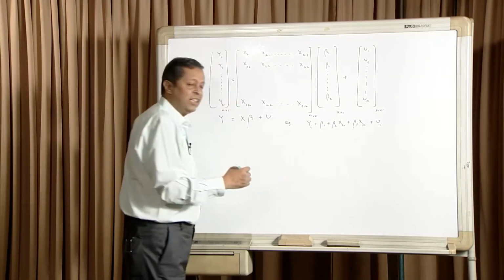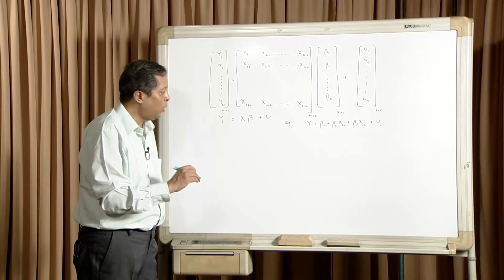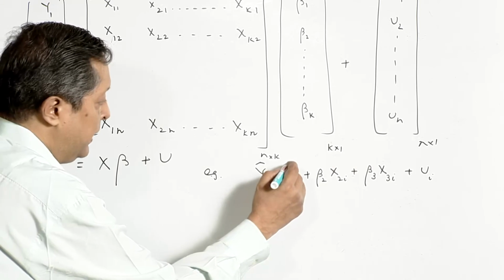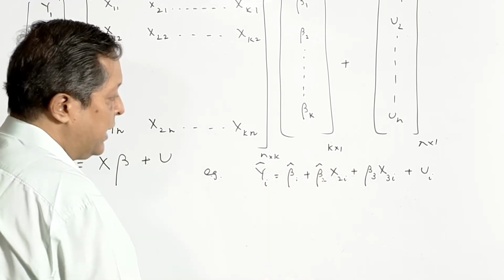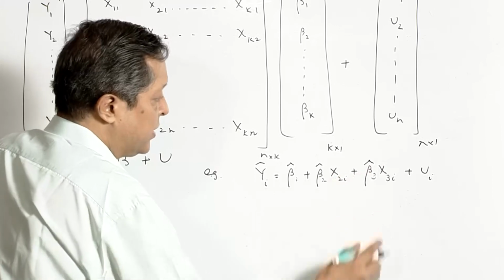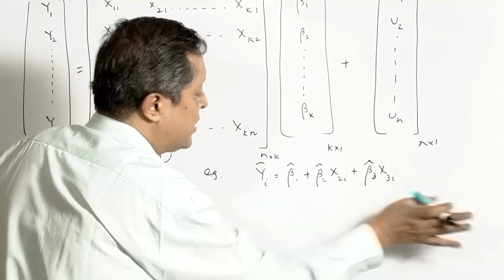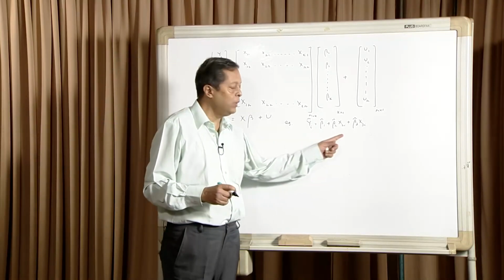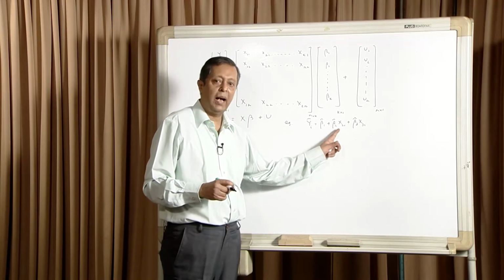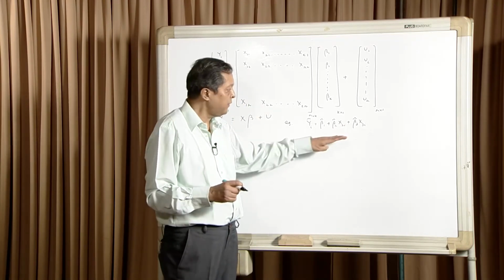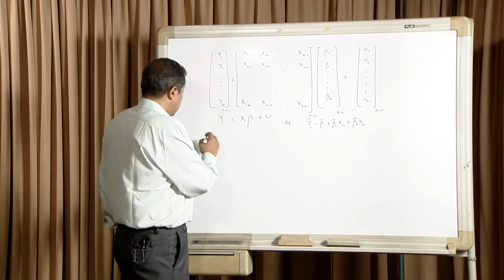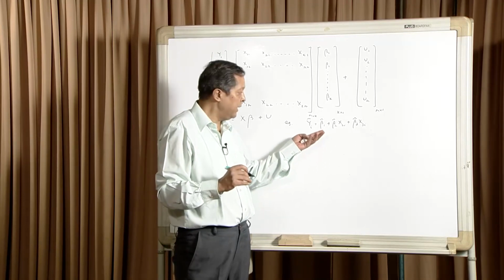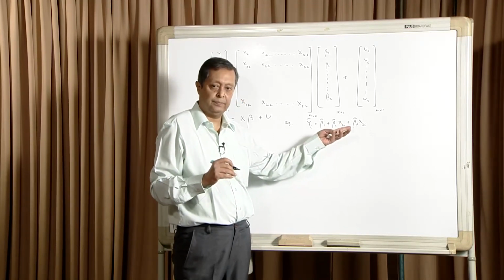Now, when we estimate this model, we write it with a hat. So, y hat is beta 1 hat plus beta 2 hat x2 plus beta 3 hat x3, and we cannot estimate the random disturbance error. So, how do we actually estimate beta 1 hat, beta 2 hat and beta 3 hat? We start from this equation and develop a working rule for getting them.